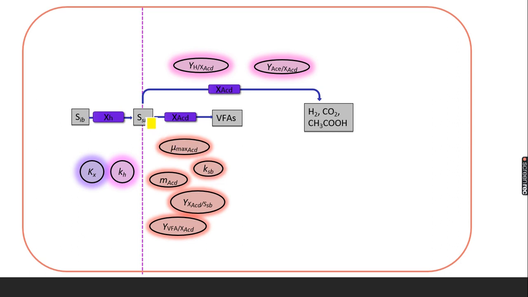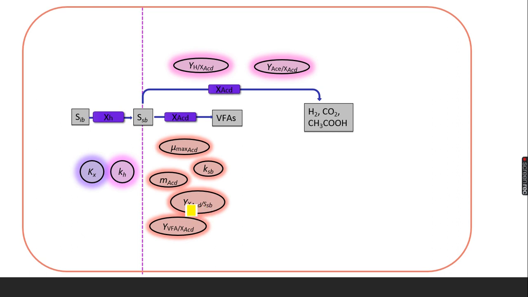KSB is for substrate consumption kinetics, then you will have KSP. Mu MACD is maintenance consumption of substrate SB, when acidogenic bacteria are growing, the maintenance energy requirement.